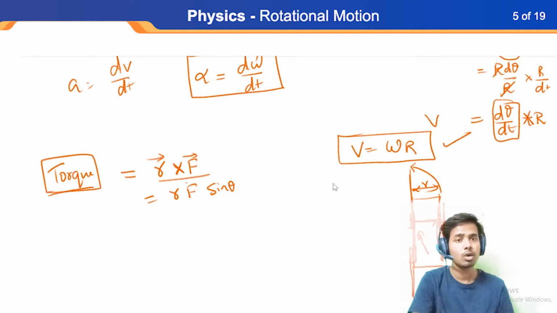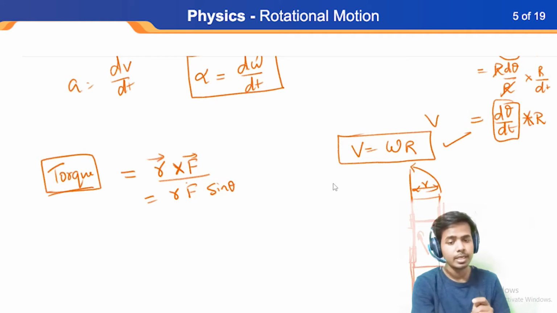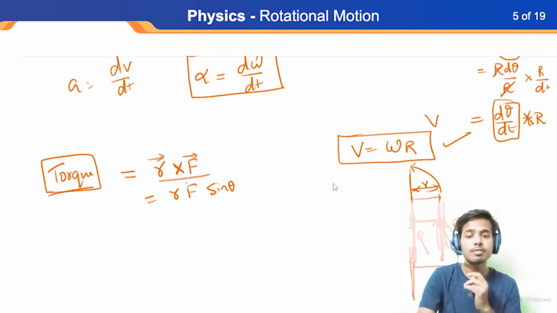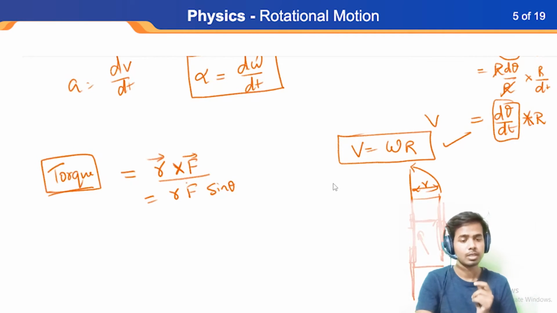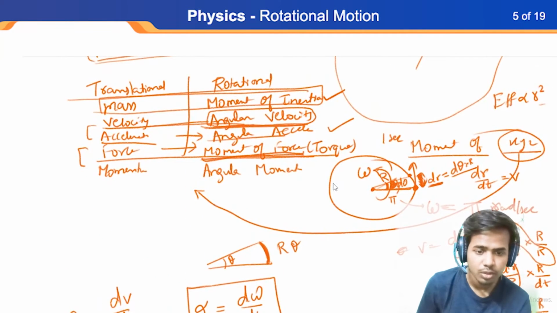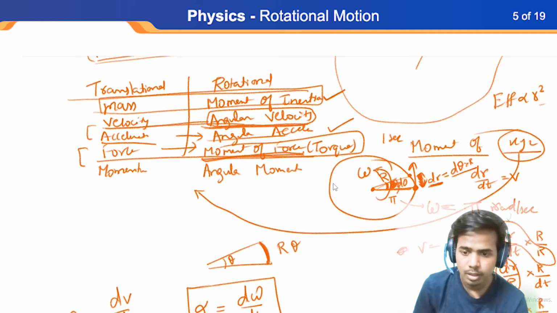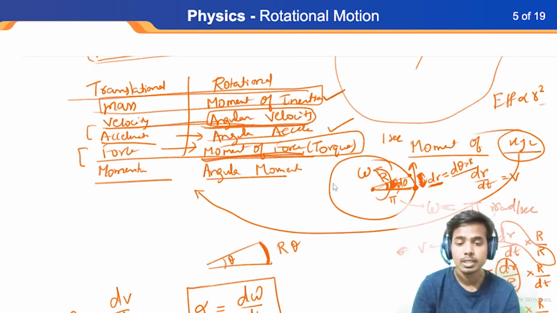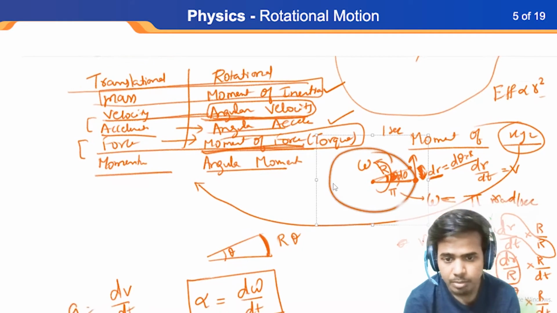It is proportional both to the force which is applied and the distance from the axis of rotation. All right, so this was the moment of force or torque, and now angular momentum.